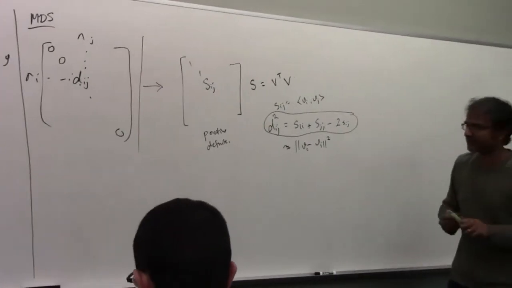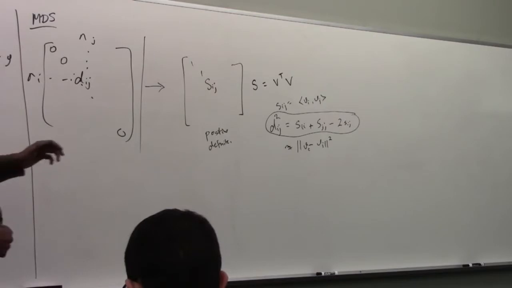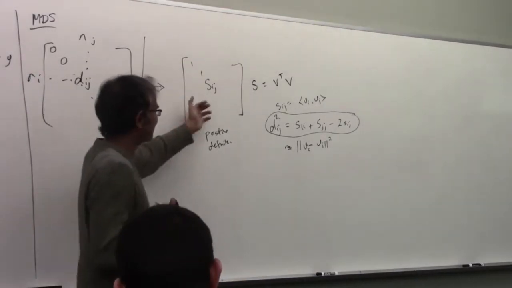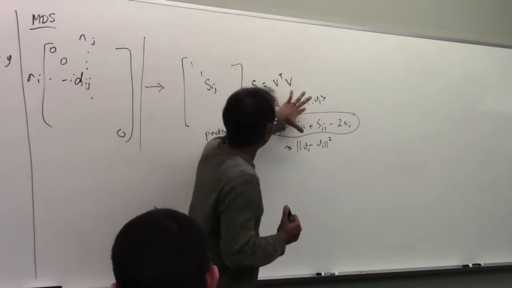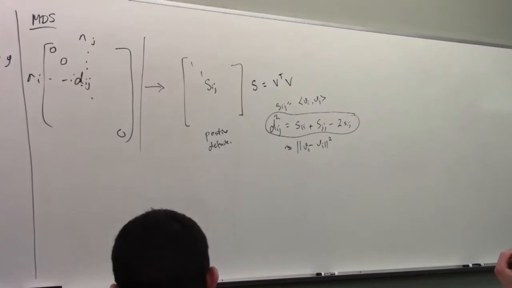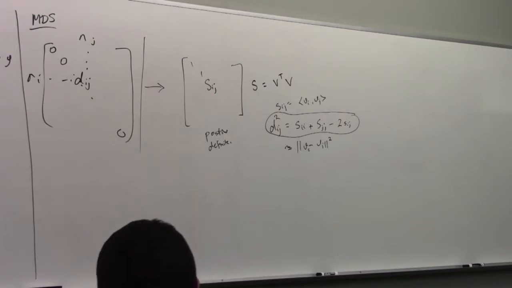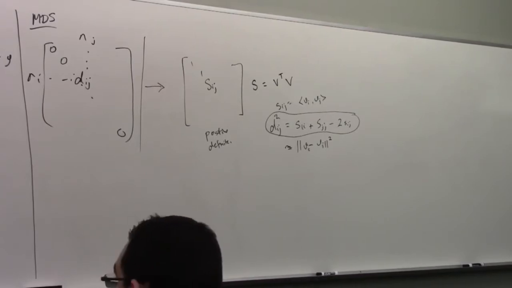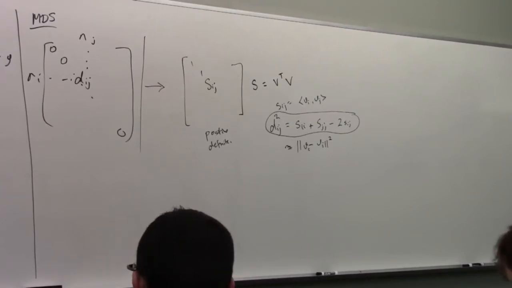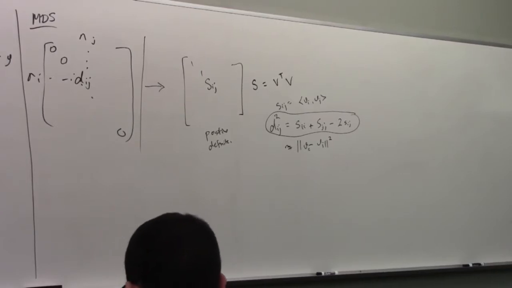Okay, so how do we do this? So the first step is to get this. There are two parts to this. How do you get this? And how do you go from this to something reasonable? So here's what we're going to do. So the first magic step we're going to do, and I should say that this process is going to minimize the following cost function.